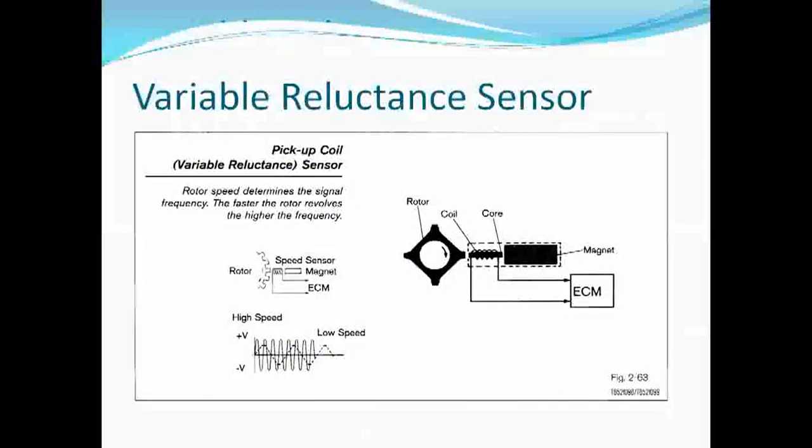Yeah, variable reluctance sensor. Here is the operational mode. So pickup coil, variable reluctance sensor. Here this is the rotor rotating with respect to the shaft. Here the sensor is being placed.